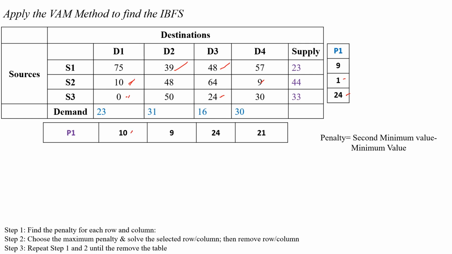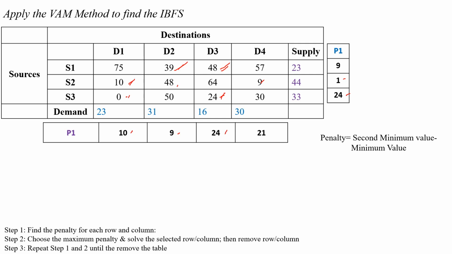In the second column, D2 column, the minimum value is 39 and the next minimum value is 48. So the penalty is 48 minus 39, which is equal to 9. In the D3 column the minimum value is 24 and the next minimum value is 48. Then the penalty equals 48 minus 24, that is 24.